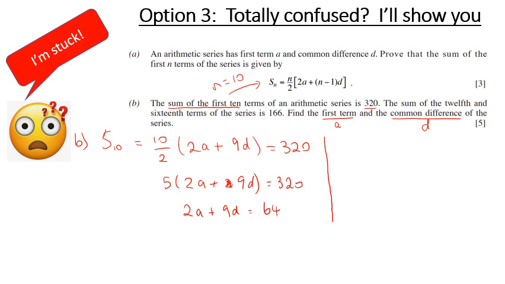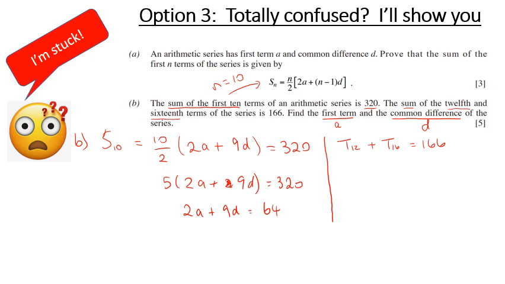So I'm looking at the question, I'm looking for another clue. It talks next about the sum of the 12th and the 16th term. So it's not using sums anymore, it's not the Sn formula, it's just the 12th term on its own, term 12 and term 16. And it tells you that if you find the sum of just those two terms, it's 166. So I need to think about what the 12th term would look like, just the 12th term on its own.